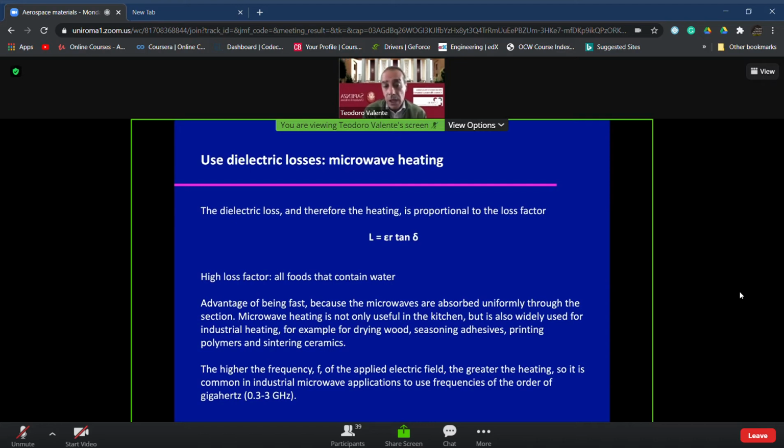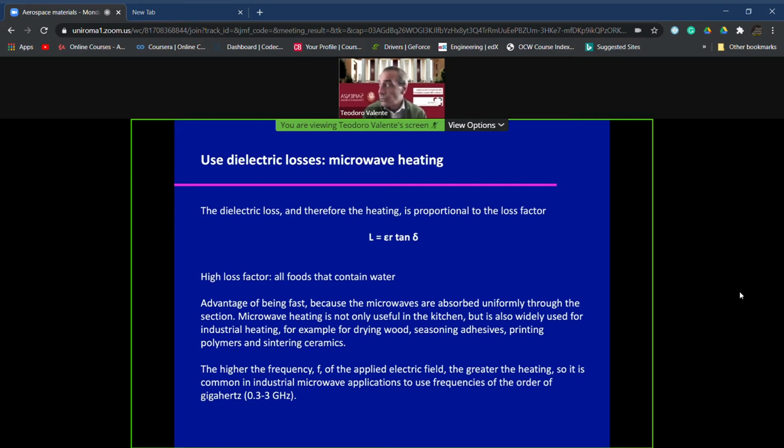And this requires the use, in the sintering step, of a material having high dielectric losses, that is, high possibility to convert electromagnetic energy into heat. Also, in this case, the higher the frequency of the applied electric field, as we have seen before, the greater the heating.